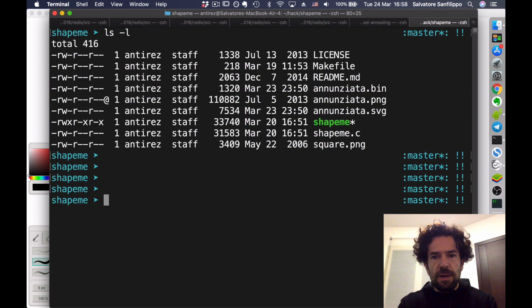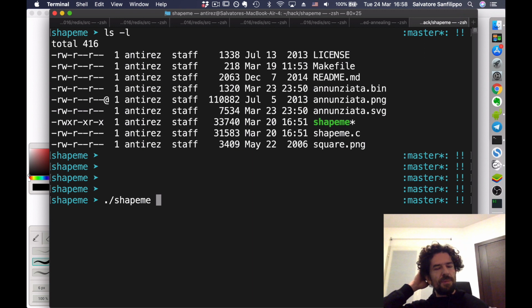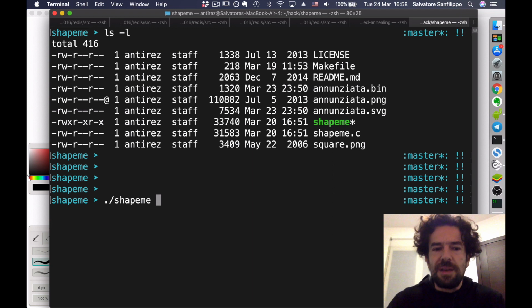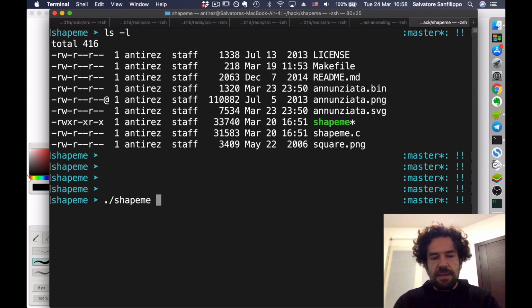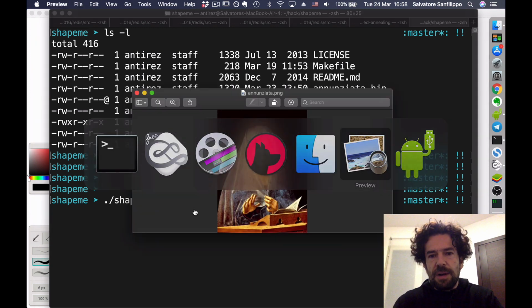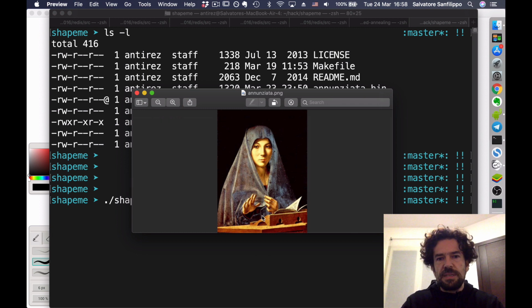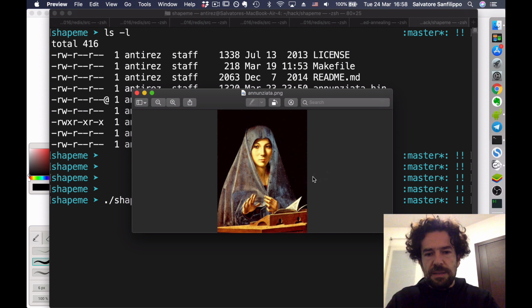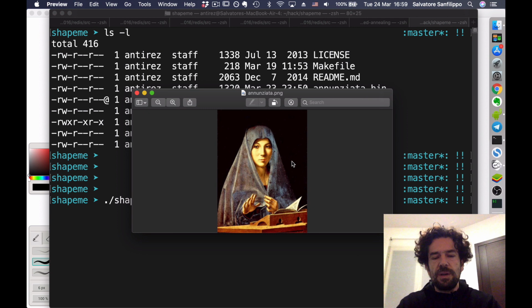Many years ago, I wrote a program which is called Shape Me. This is a very classical problem that circulated a lot many years ago, and it's a program that, given an image, this is the Annunziata of Antonello da Messina, Sicilian painter, finds a set of triangles that will approximate this image as best as possible.